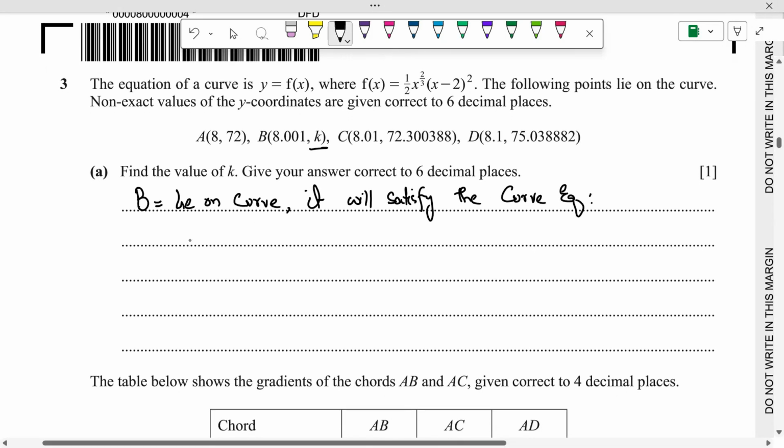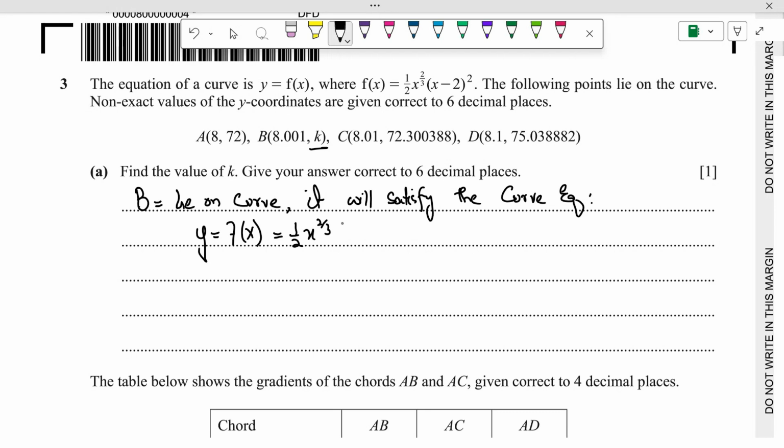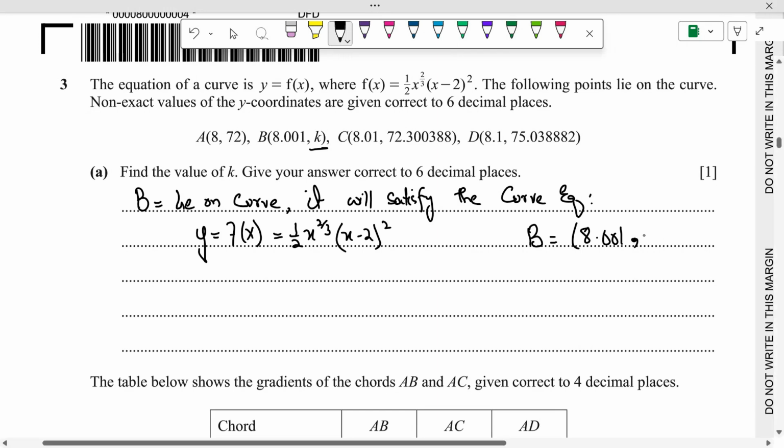The curve equation is y equals f of x, which equals 1 over 2 times x to the power of 2 by 3 times (x minus 2) whole square. B is 8.001 and the y coordinate is k.